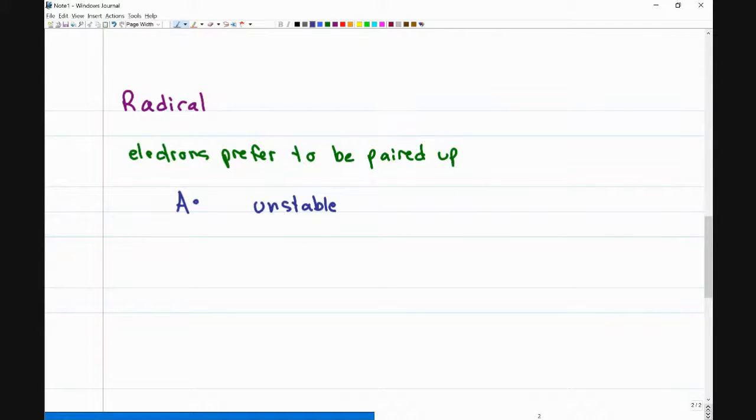If you recognize from my other videos what happens when something is unstable, well, let's do the reverse of that. If something is happy, it will be stable. And if it is stable, it is unreactive. It is not looking to change its condition. It's not looking to change its situation.